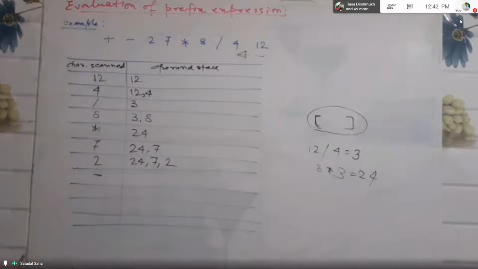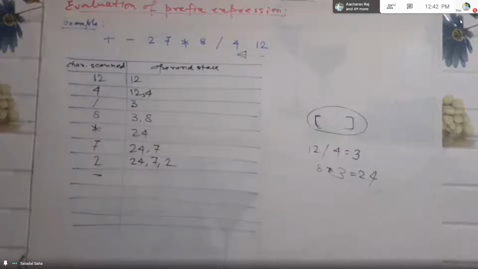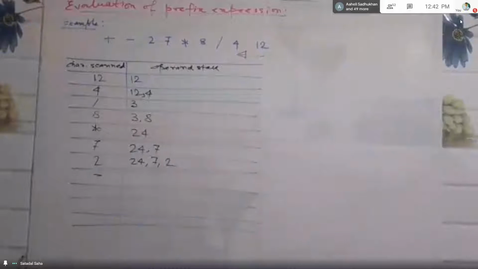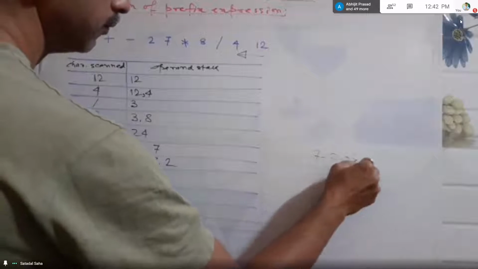For this minus, again you need to pop this 2 and 7 and apply the minus sign. So it will be 7 minus 2, 5.